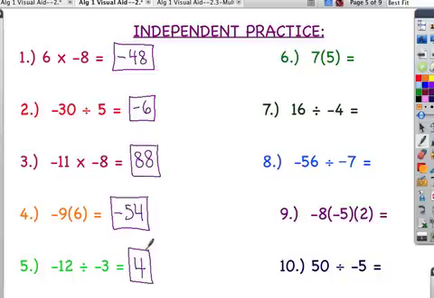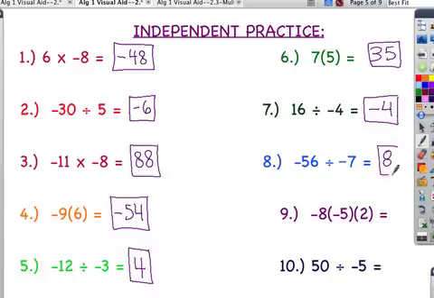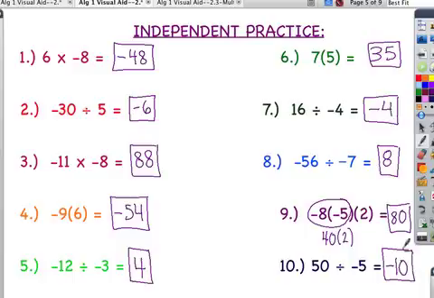Number 6, 35. Number 7, negative 4. Number 8, positive 8. Number 9, I work my way from left to right. I get 80. And number 10 gives us an answer of negative 10.